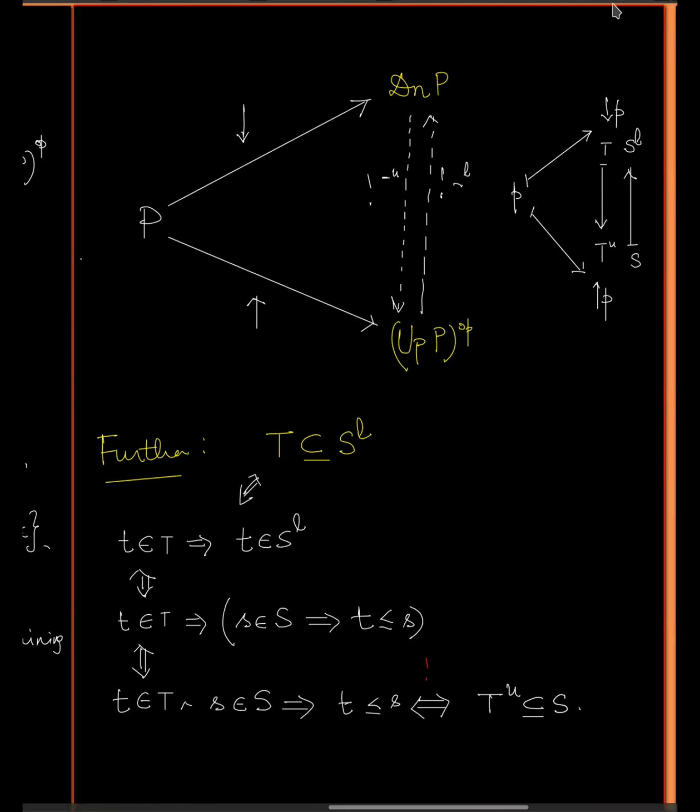So it turns out that T and S always have this connection. So what happens? There is a very nice connection between these downsets and upsets. This is often called a Galois connection.